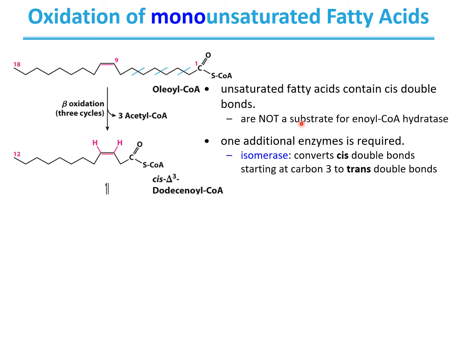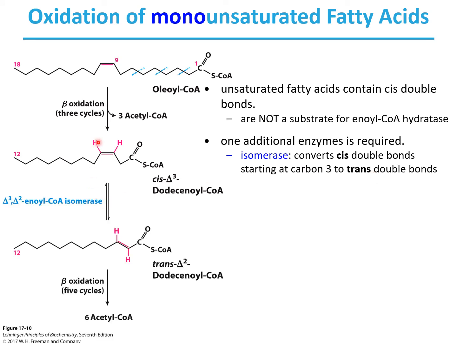The enoyl-CoA hydratase that recognizes the substrate containing an unsaturation does not carry out the reaction for a cis double bond, but only for a trans double bond. So an additional reaction is necessary, which will isomerize this cis double bond into a trans double bond.